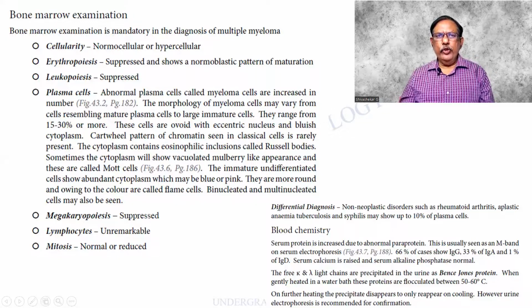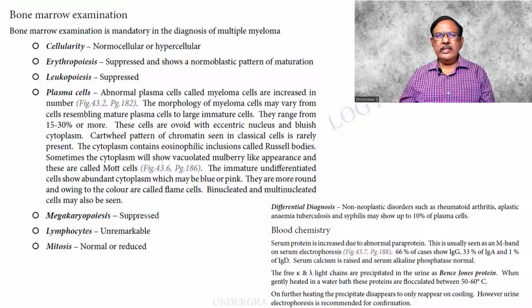Normally, in any kind of leukemia, the bone marrow should have 30% abnormal cells. Acute myeloid leukemia, acute lymphoblastic leukemia, 30% blasts in the bone marrow. And here also the bone marrow should be having 30% plasma cells.